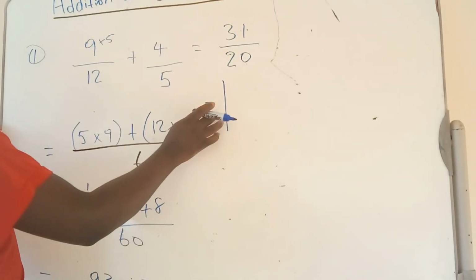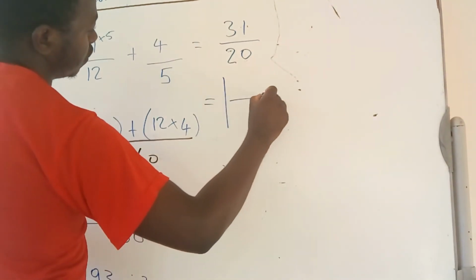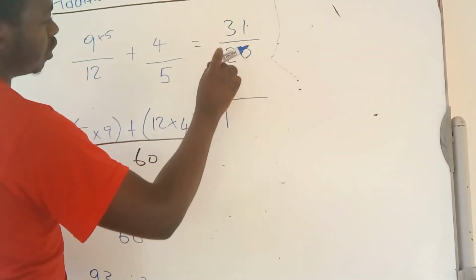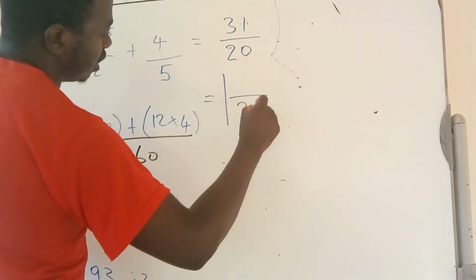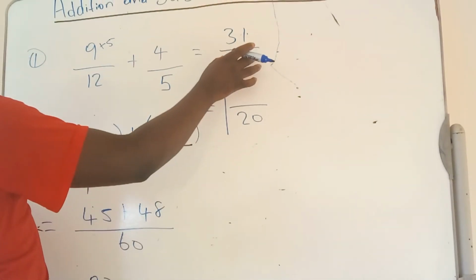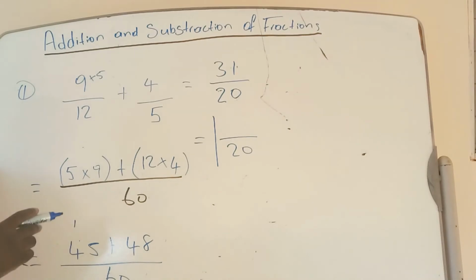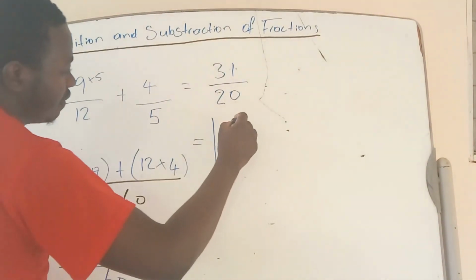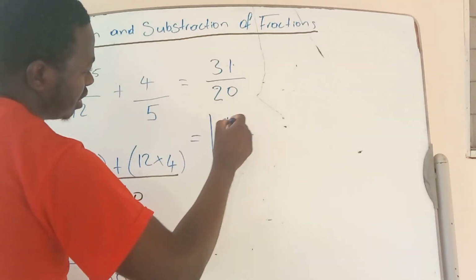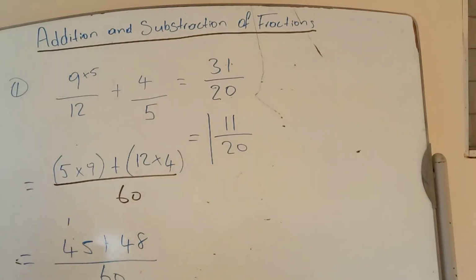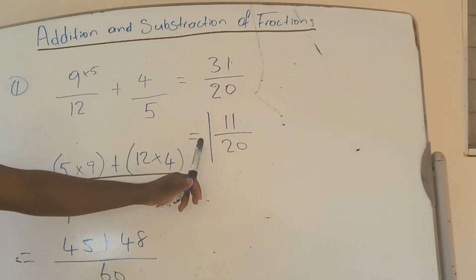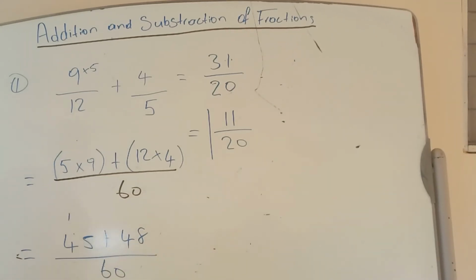So that one will be your whole number. Keep your denominator, which is 20. And after you take out your one group of 20 out of 31, how much is left? That is 11. And that is your numerator. So your final answer is 1 11 over 20.